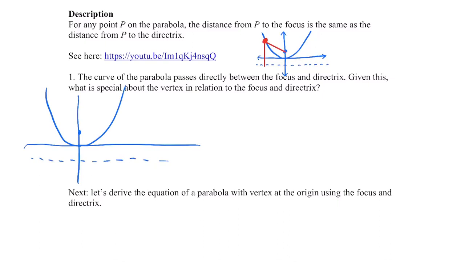So here we've got the focus, and here we have the directrix. The vertex for this parabola is living here.